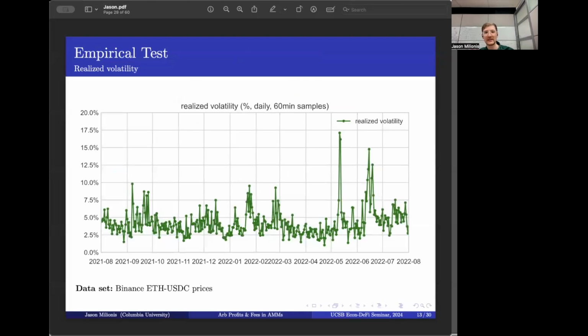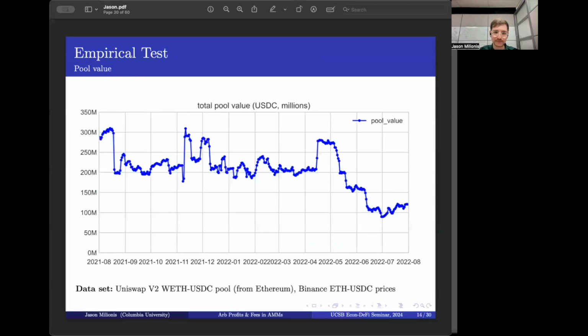So you can see here some data set. We're going to use the Uniswap v2 Ethereum USDC pool. You see here the realized volatility, the 60-minute realized volatility, extrapolated to a daily rate, exactly as I told you in the previous slide.